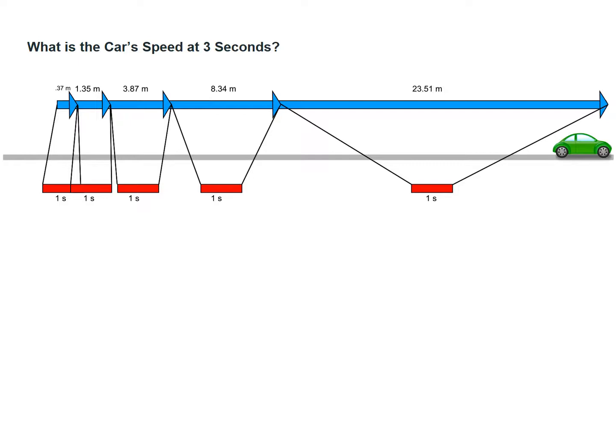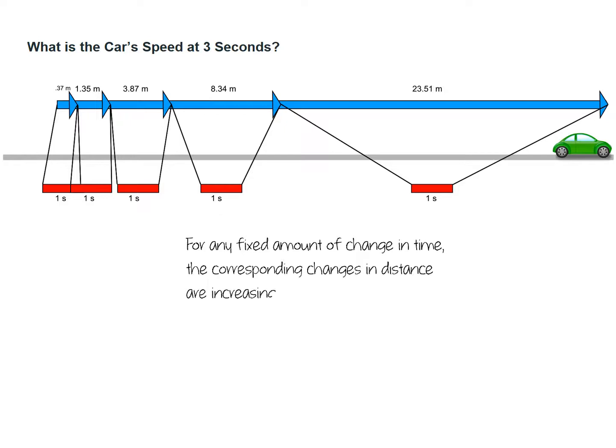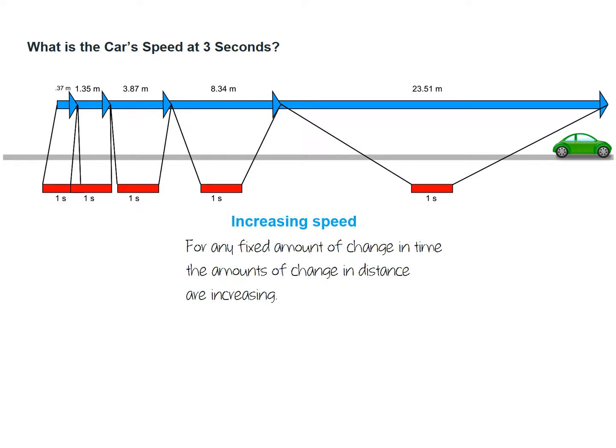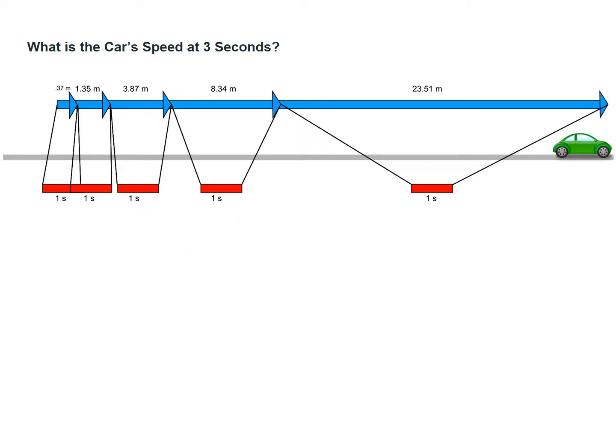So for each successive 1-second time interval, the size of each distance interval increases. Another way to say this is for any fixed amount of change in time, the corresponding changes in distance are increasing. And this is what it means for the car's speed to increase.